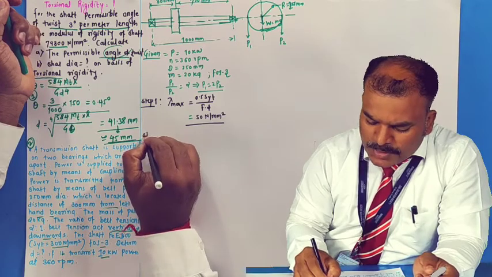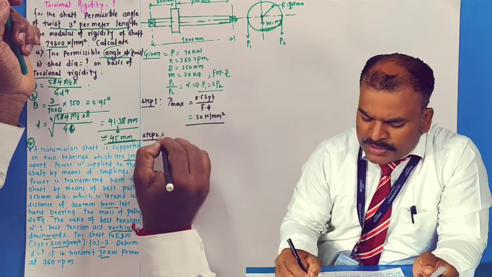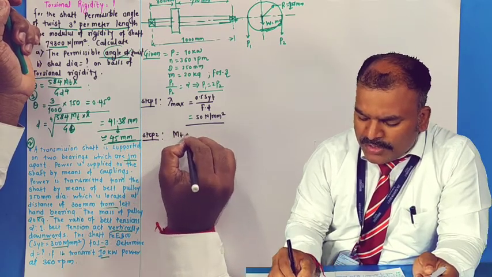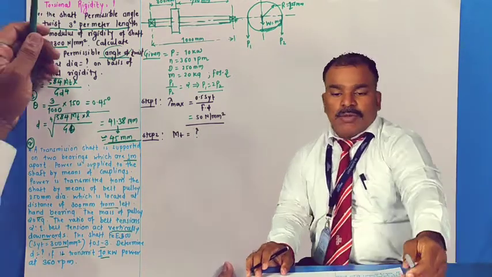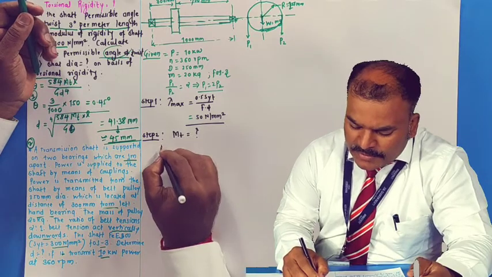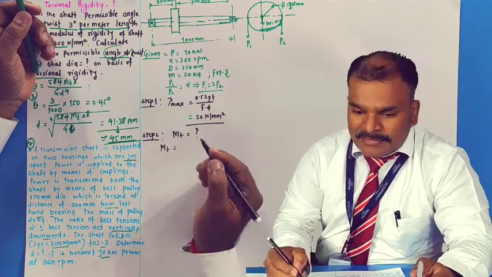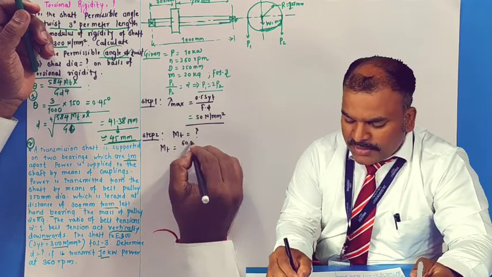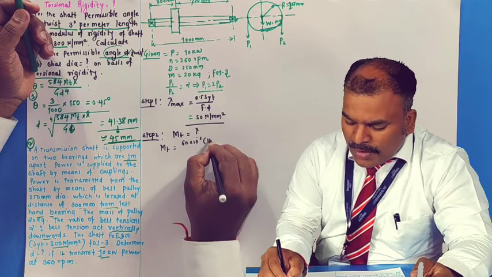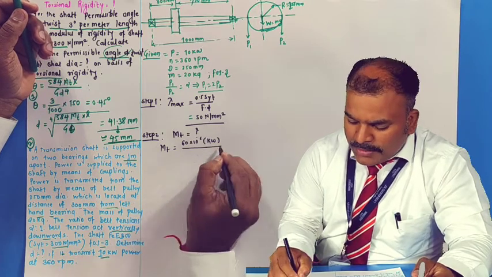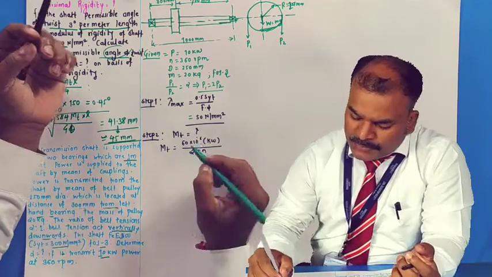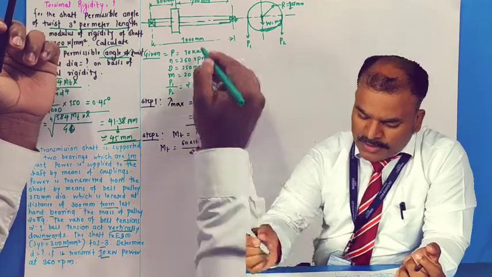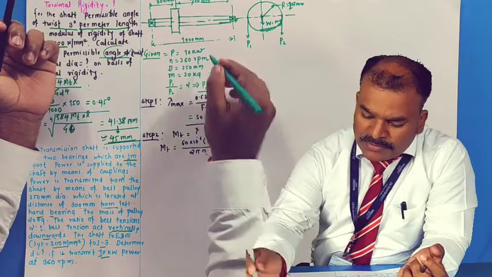Then step number 2 is to calculate the torsional moment MT. To calculate the MT value, as we know, I'll directly write MT is equal to 60 into 10 raised to 6 into power divided by 2 pi n. Here you can see this is known: 10 kilowatt, RPM given 360.